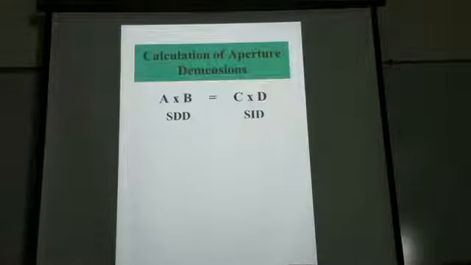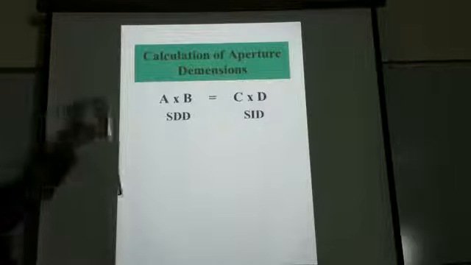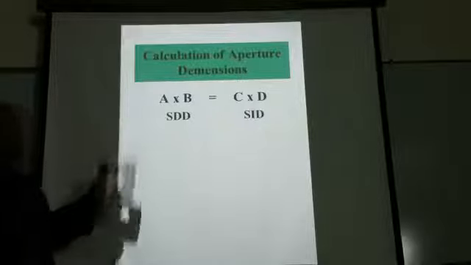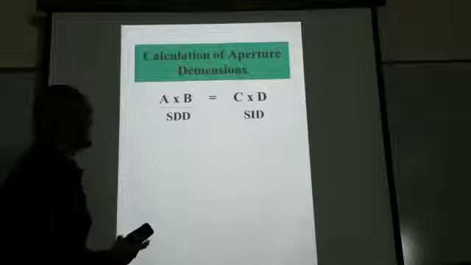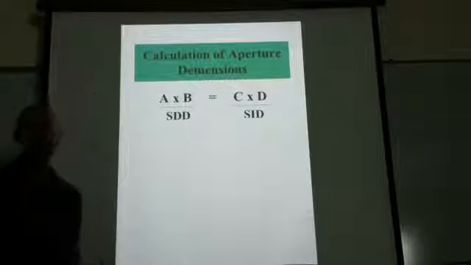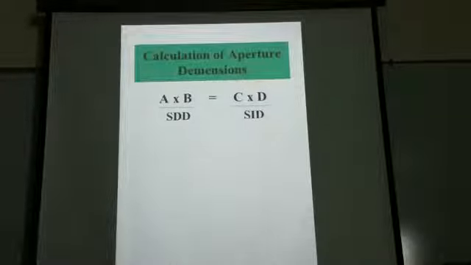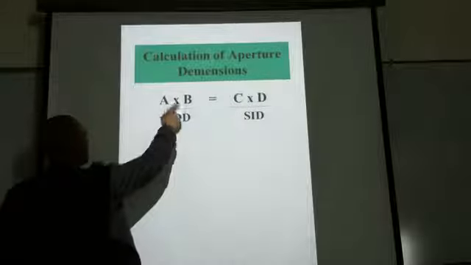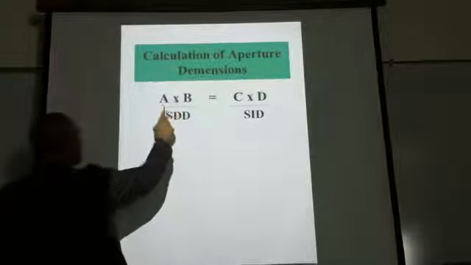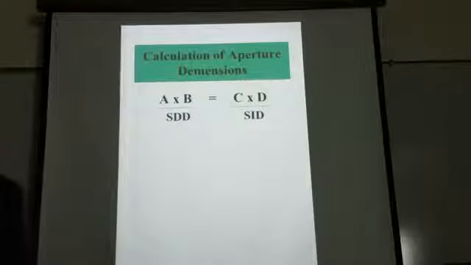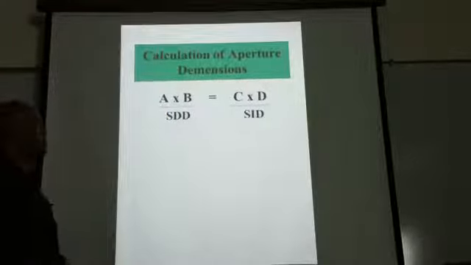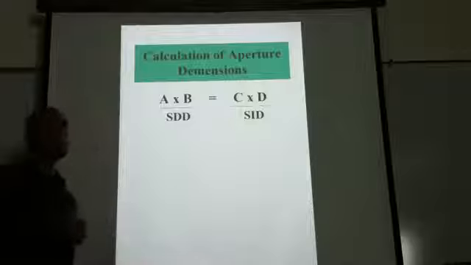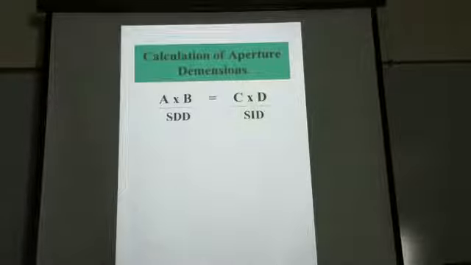Bear with me. So calculation of the aperture dimension, the dimensions of this, is going to be, x doesn't mean times, it means by, because we're talking about dimensions here. So we're talking about length and width. So A by B over source to diaphragm distance is equal to the dimensions C by D over source to image distance.